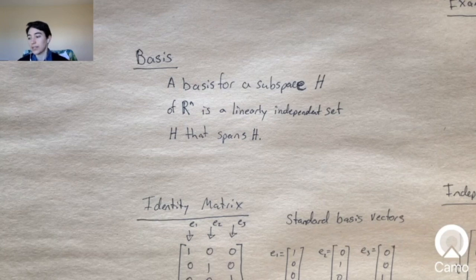If you have a linearly independent set, those can be used to describe some span. That would be a way of describing a subspace, and the term we use for that is basis. So the basis is any set of vectors that is independent and spans some subspace.